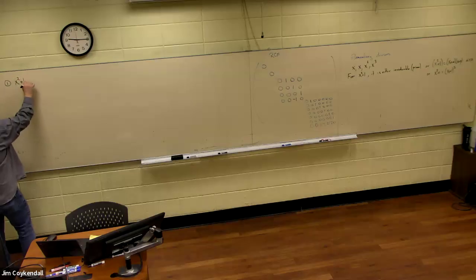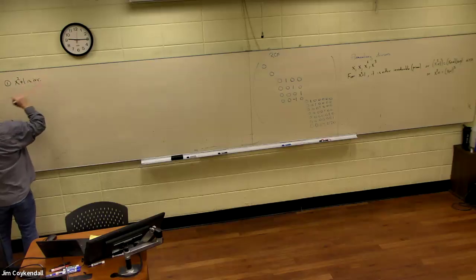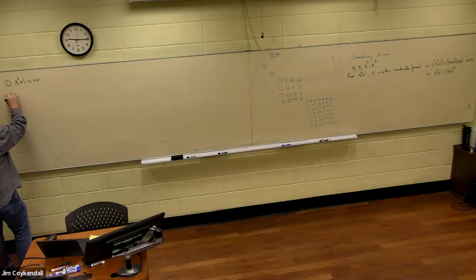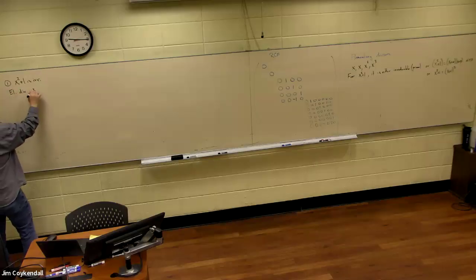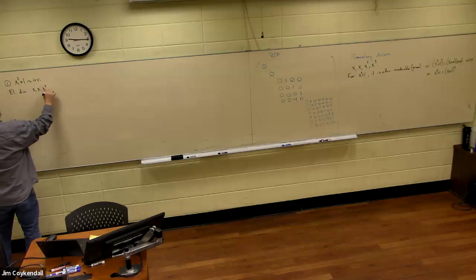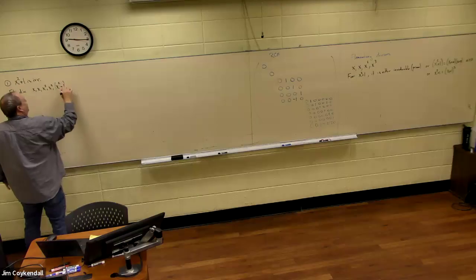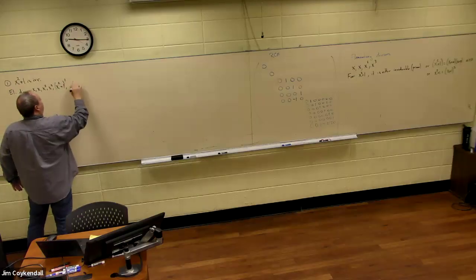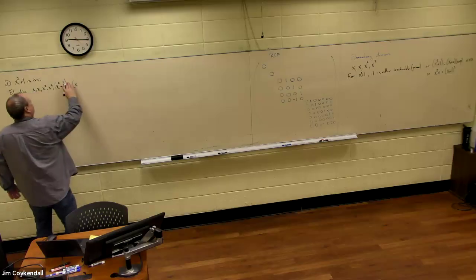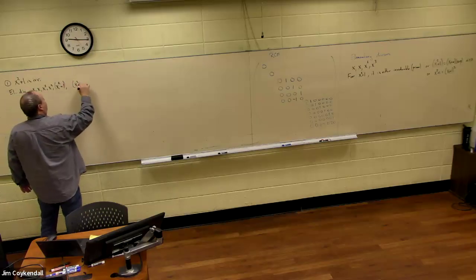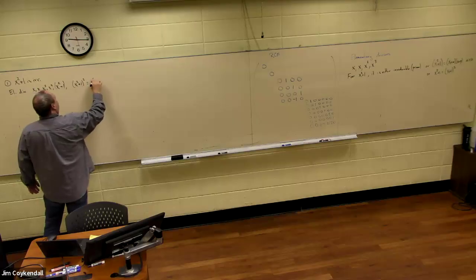x squared plus 1 is irreducible. Then the primary elementary divisors are x, x, x squared, x cubed, x squared plus one squared, and x squared plus one and x squared plus one squared. It's 4.